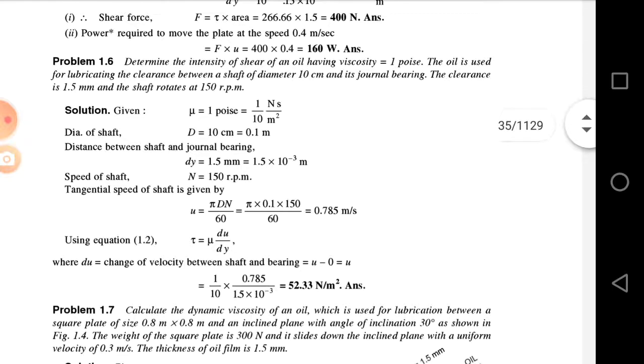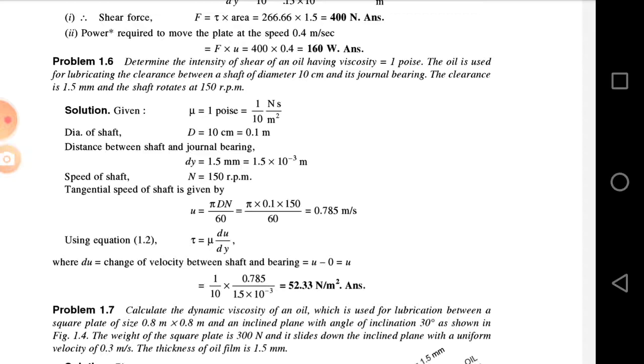Another simple problem. Determine the intensity of shear of oil having viscosity 1 poise. The oil is used for lubricating the clearance between a shaft of diameter 10 cm and its journal bearing. The clearance is 1.5 mm and the shaft rotates at 150 rpm.